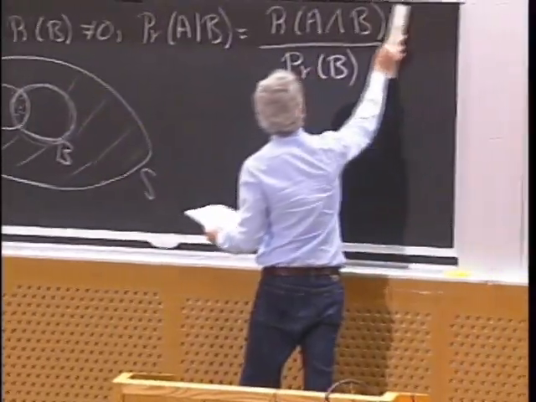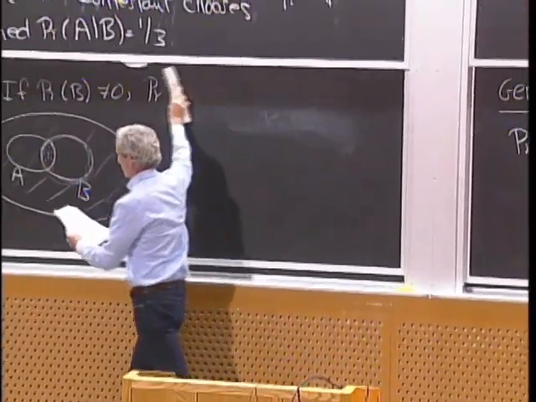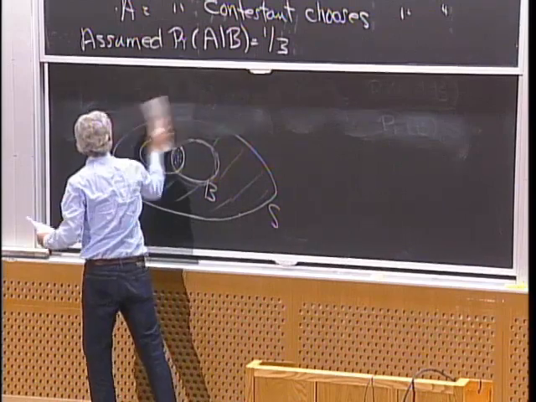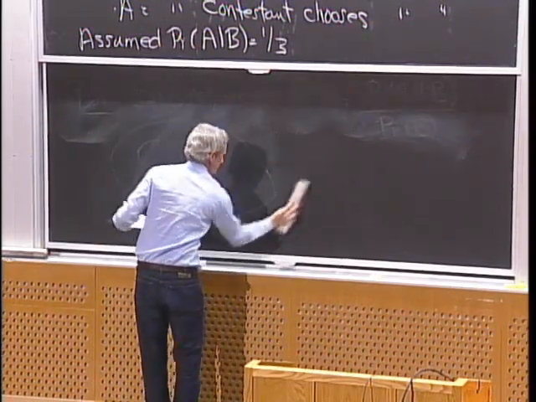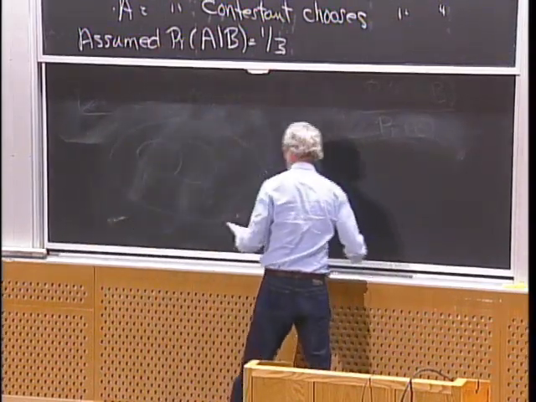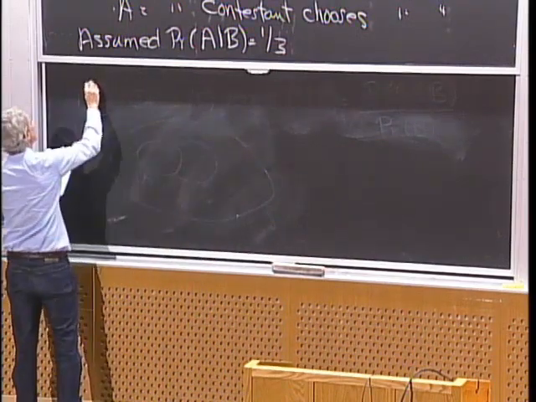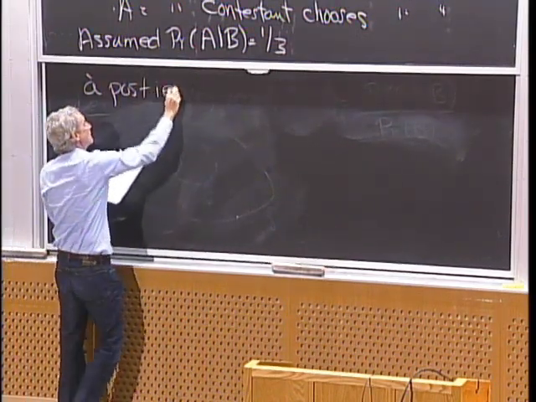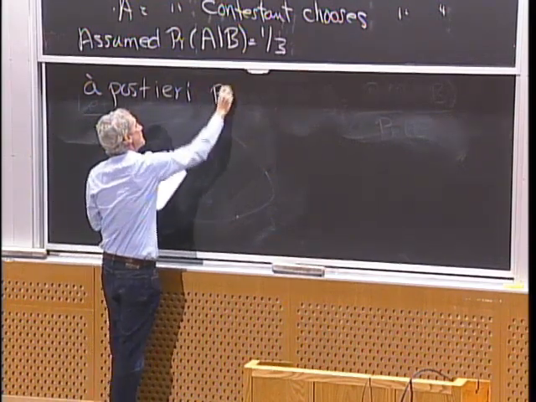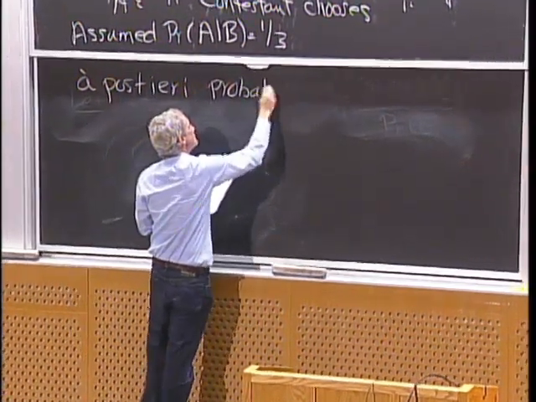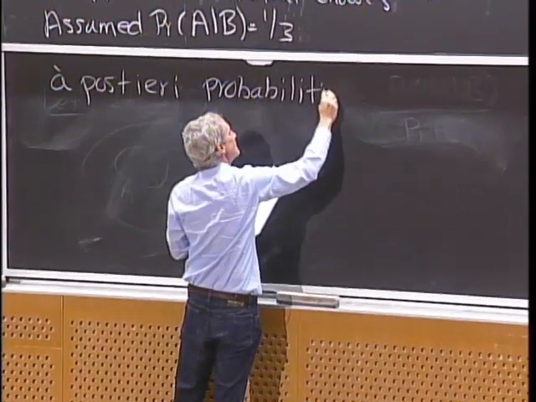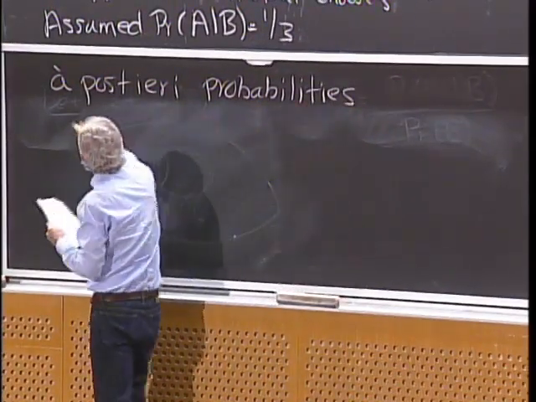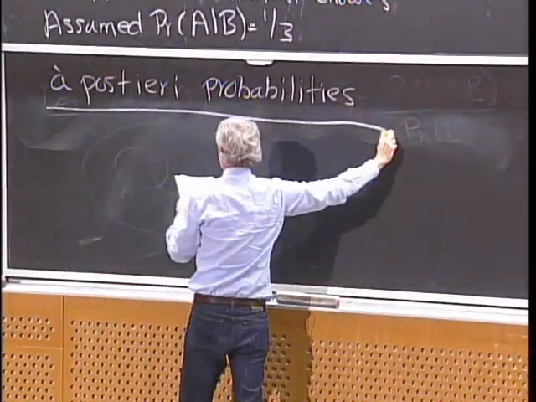They're called a posteriori conditional probabilities. It's a fancy name for just saying that things are out of order in time.